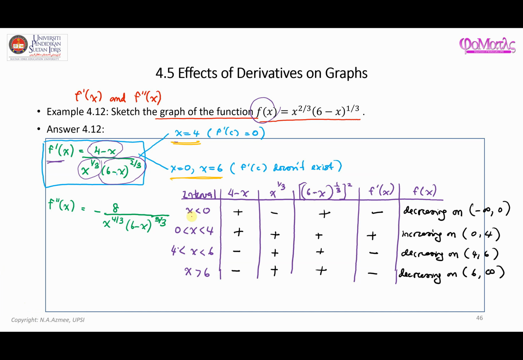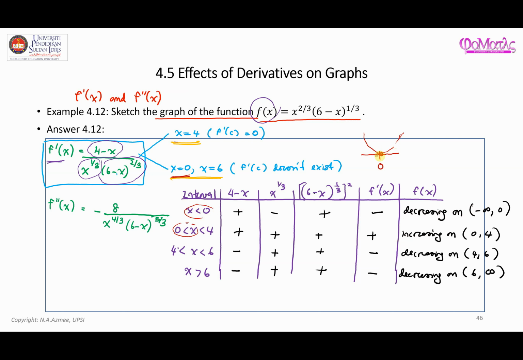Now if you see point 0 over here, so now we talk about point 0, x equals 0. I can sketch it over here. You can imagine this being point 0. When x is less than 0, you can see that it is decreasing. So you can imagine a function going downwards. And then when x is greater than 0, it is increasing. So after 0, it is increasing.